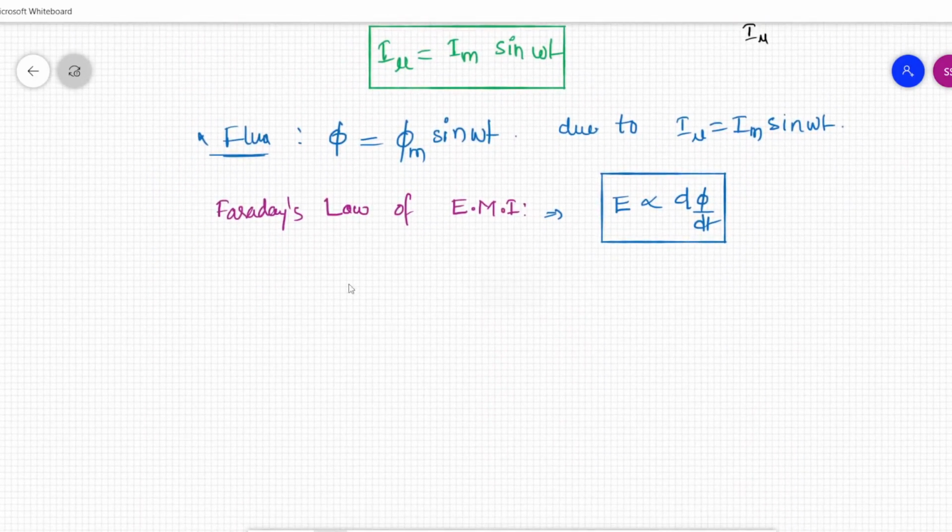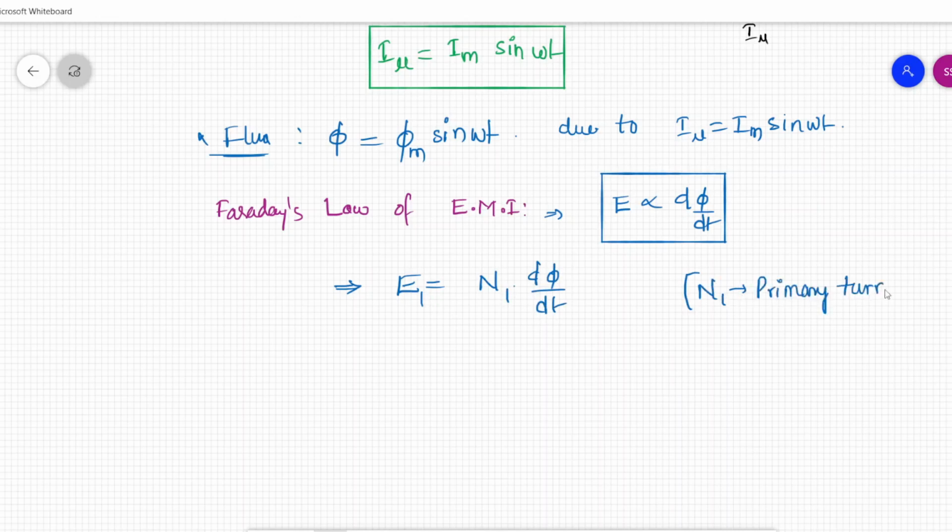Now I have to keep a constant to make it equal, that is the number of turns on the primary: E1 equals N1 d phi by dt, where N1 is the primary turns and E1 is the primary induced EMF.